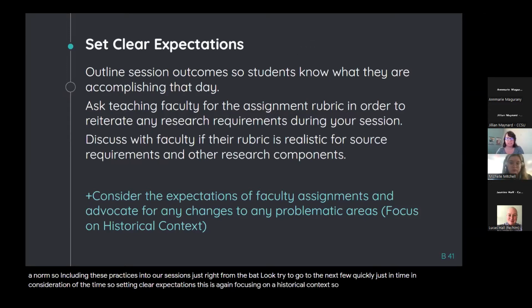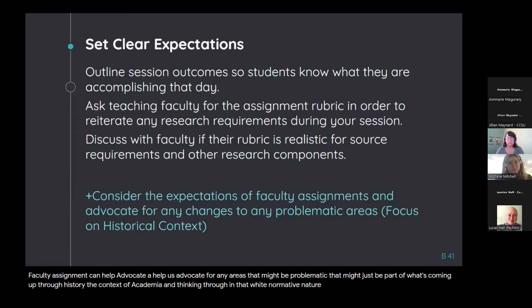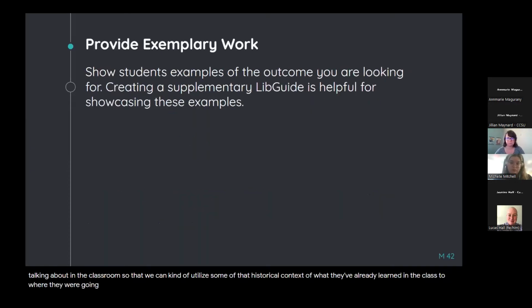So considering the expectations of faculty assignment can help us advocate for any areas that might be problematic, that might just be part of what's coming up through history, the context of academia, and thinking through again that white normative nature. But it's also allowing us to contextualize what we're talking about in the classroom so that we can utilize some of that historical context of what they've already learned in the class to where they're going.